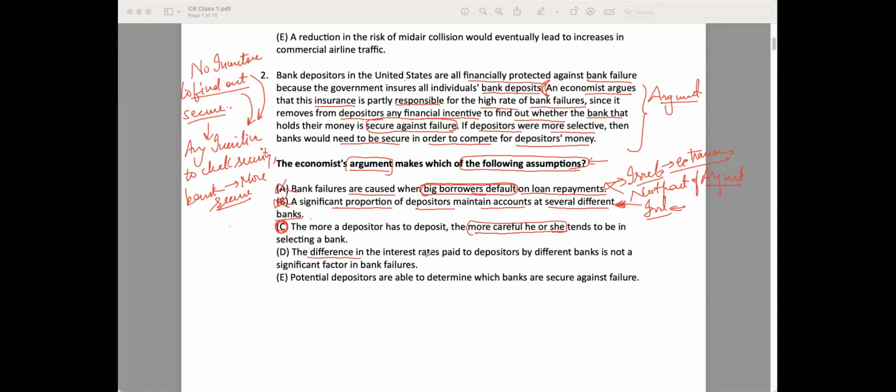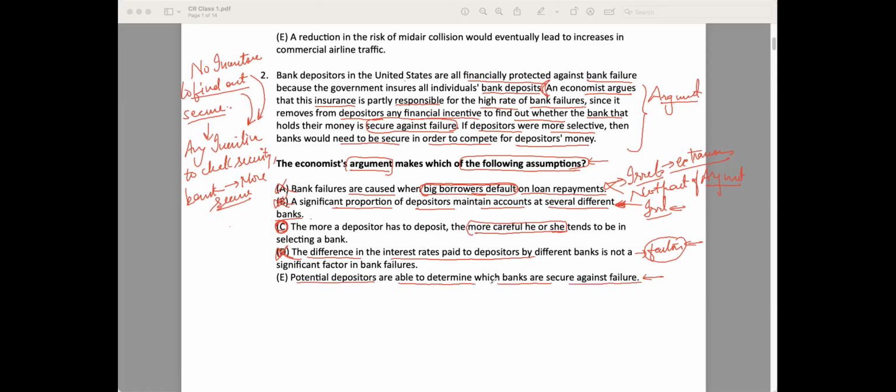The difference in the interest rates paid to depositors. This talks about a totally different factor, interest rates offered. This doesn't talk about whether the depositor needs to be more careful to find out whether the bank is secure or not. That is out. Third, potential depositors are able to determine which banks are secure against failure.